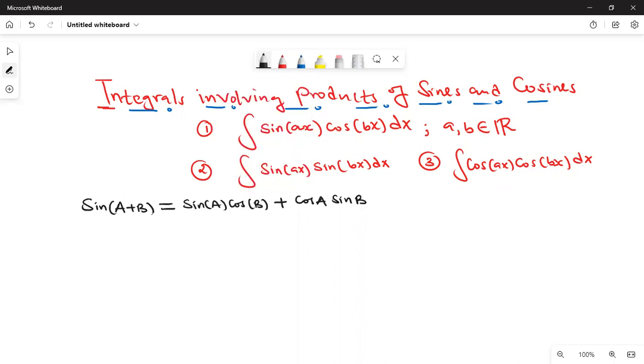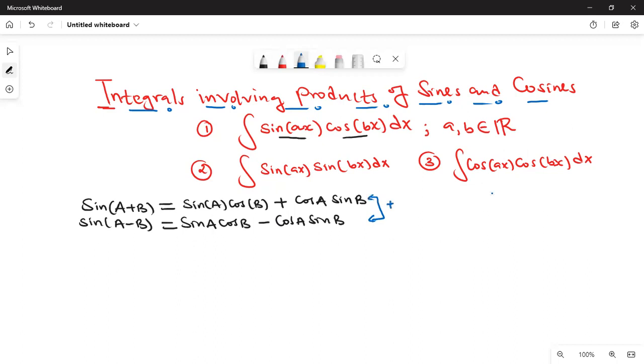Another one, we also know that sine of A minus B is equal to sine A cos B minus cos A sine B. So if I want to know what is sine A times cos B, I want to know how to rewrite this integrand where we have sine A times cos B. So I'll add these equations, the right hand side and also the left hand side.